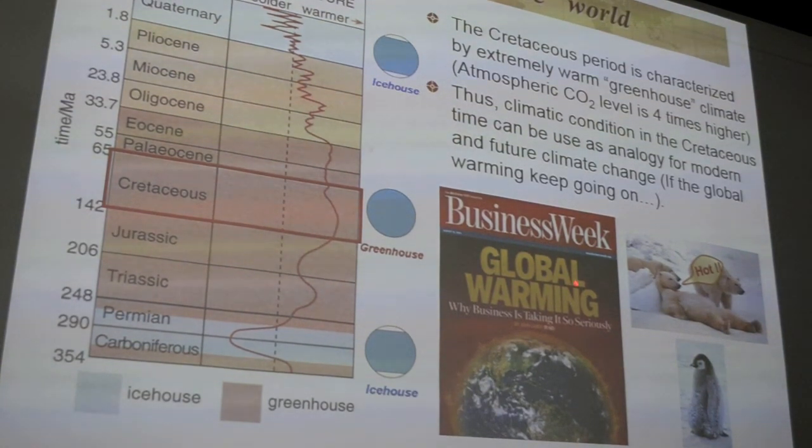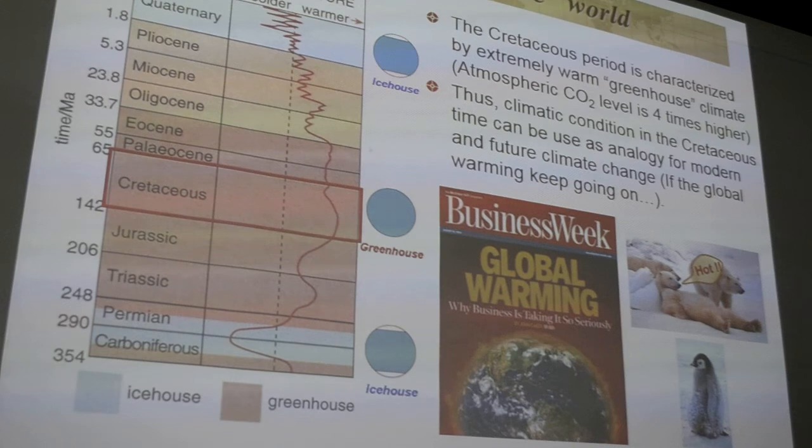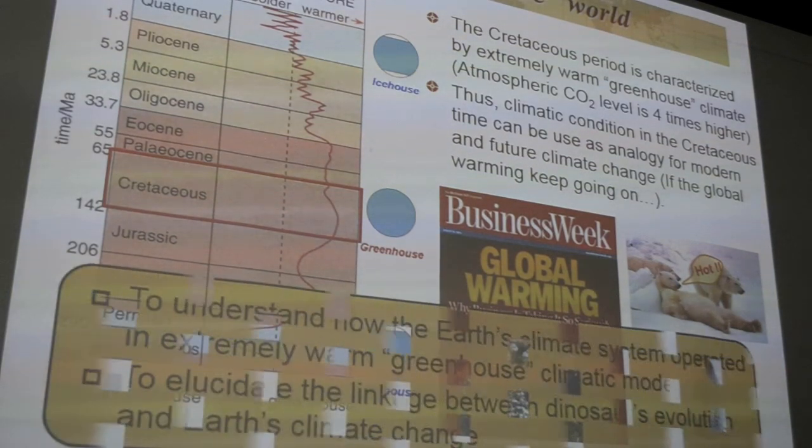So I thought the climatic condition during the Cretaceous time is similar to our future climate on Earth, so it can be used as an analogy for modern and future climate change. That is also a reason why I study the Cretaceous.